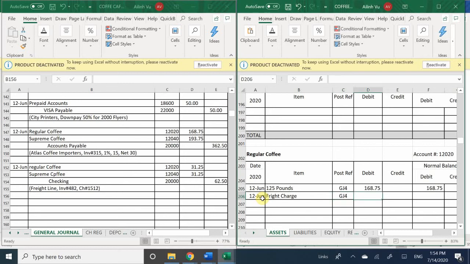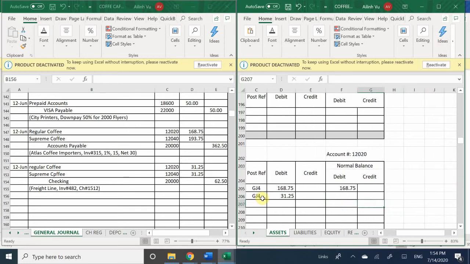And how much did I get charged for? 31.25. Okay, so because I'm entering a second thing in here, I'm going to go ahead and recreate my normal balance, which is going to be your previous balance plus any debits minus any credits. Okay, and I should get $200 in my current inventory.